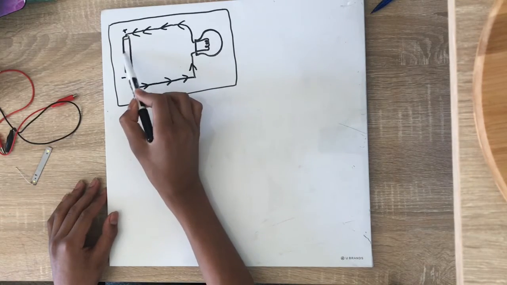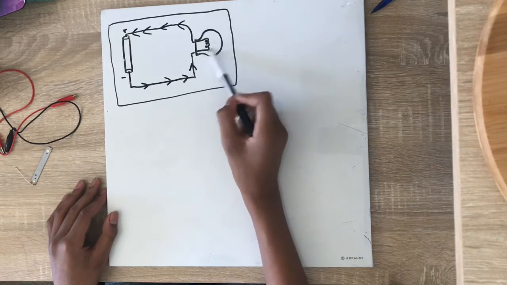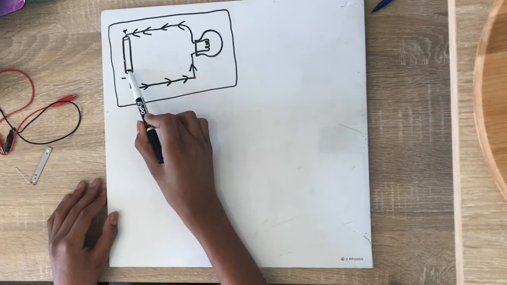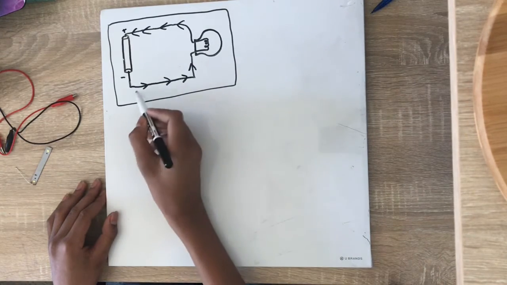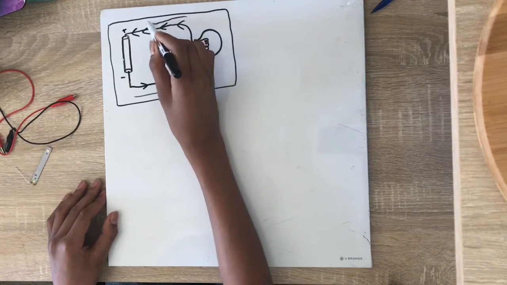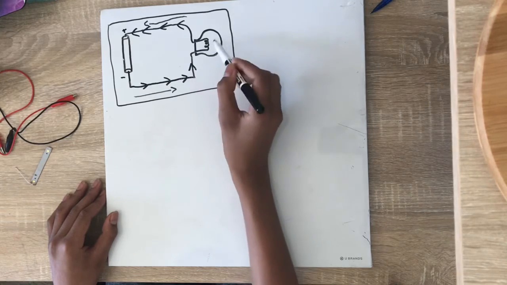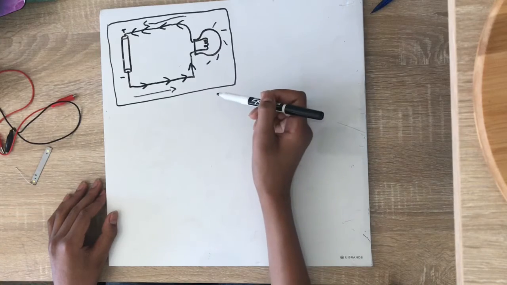So right here we have a diagram of a simple circuit, which is just a battery right here. This is the power source of the circuit, and we have a light. This is a light bulb, and you can see that the electricity is flowing through the wire, which is the straight lines that I drew, and it is passing through the light bulb and making it light up.